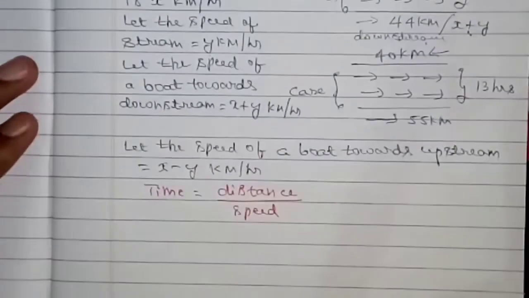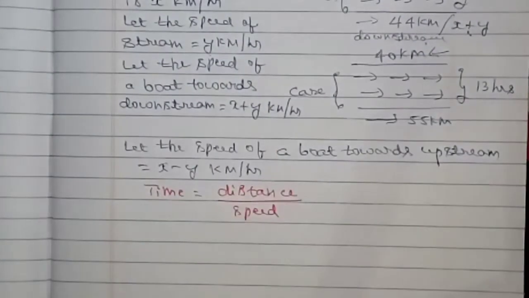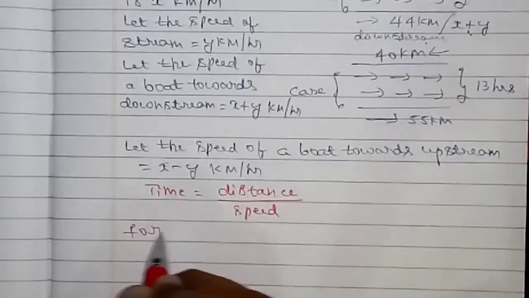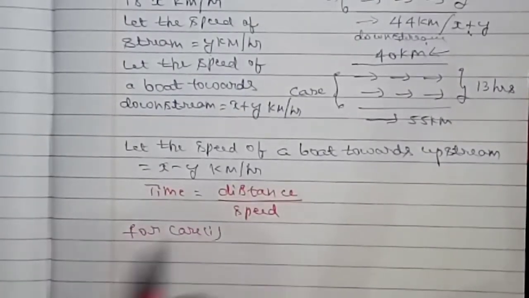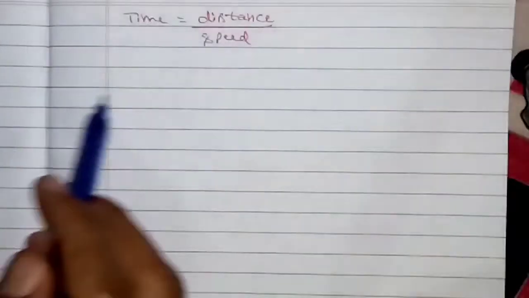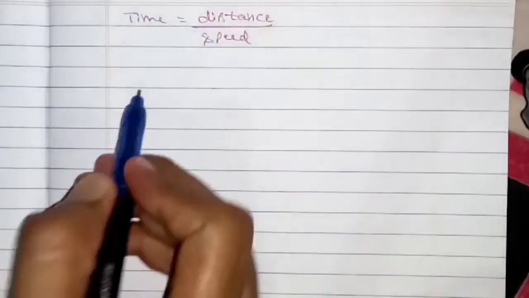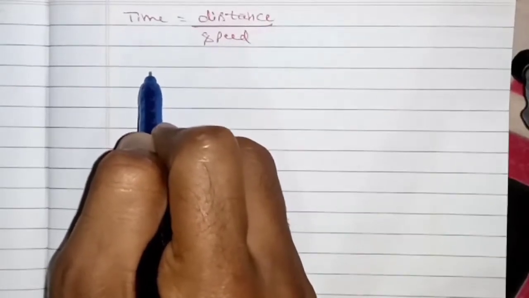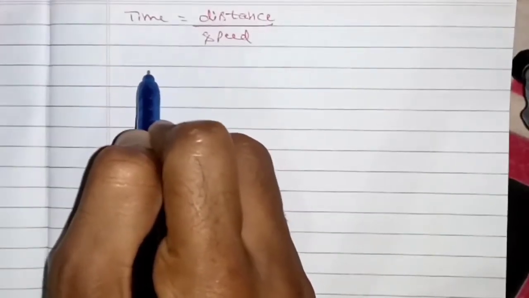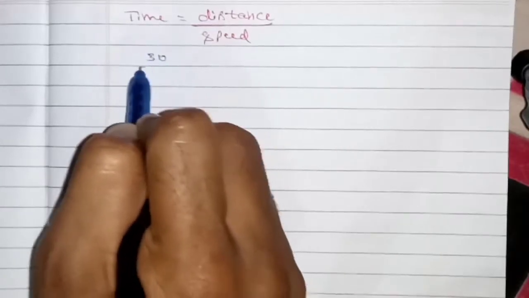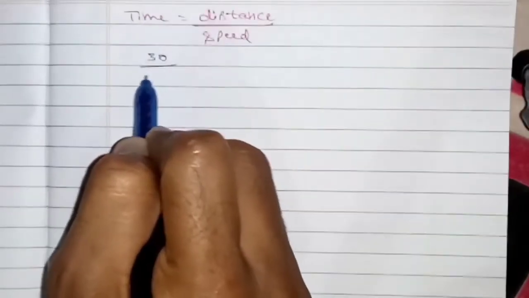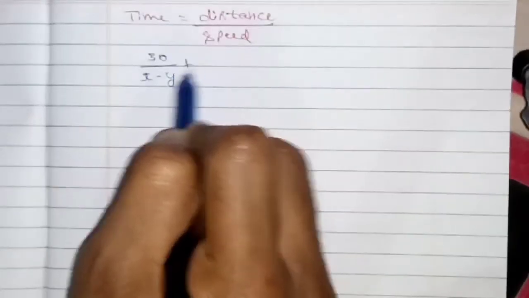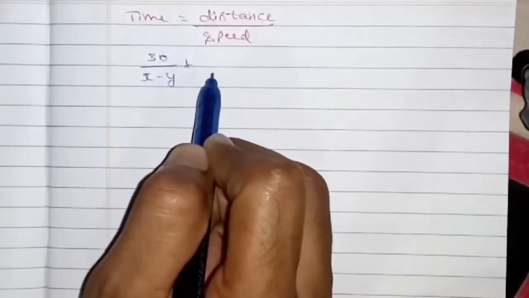Now we'll take the first case. For case 1, for the upstream the distance will be 30 kilometer divided by the speed x minus y, plus you need to take the downstream also.